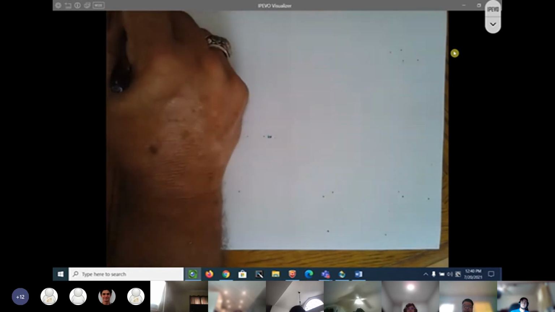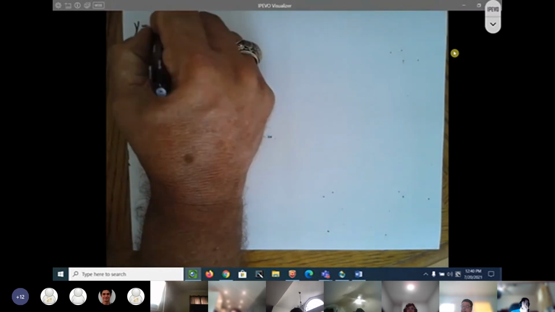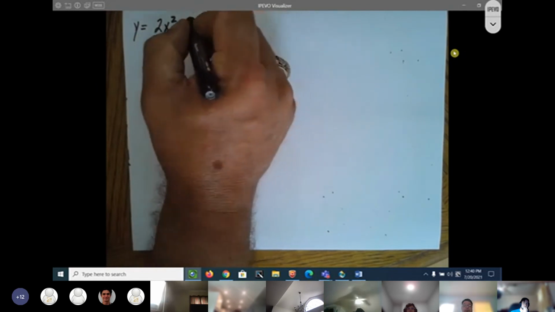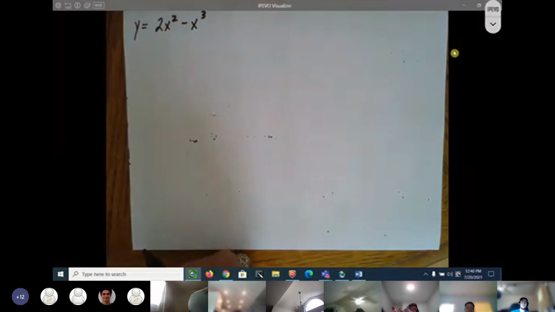All right, let's do another one. You try this one. y is equal to 2x squared minus x to the third, and you're going to revolve it around the x-axis.